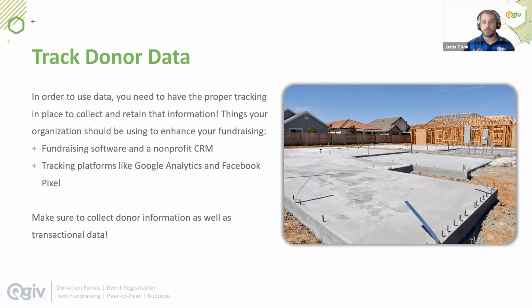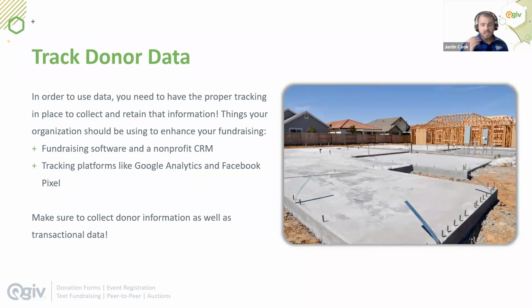A CRM is a great way to organize a donor's information all into one collective place. And it can give you much deeper insights into how they're giving, what they've given, the other interactions that they've had with your organization. Together, a CRM is going to give you a very deep look into everything that your donors are doing.